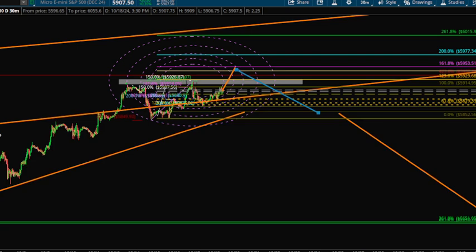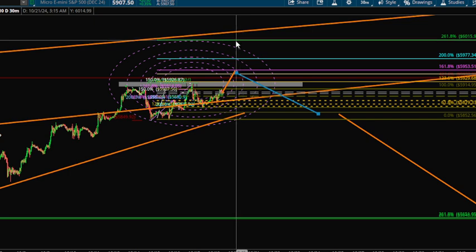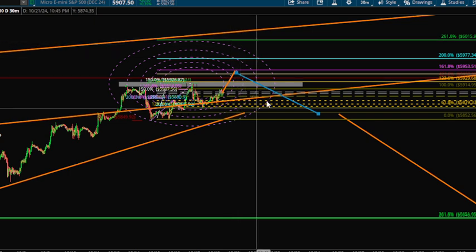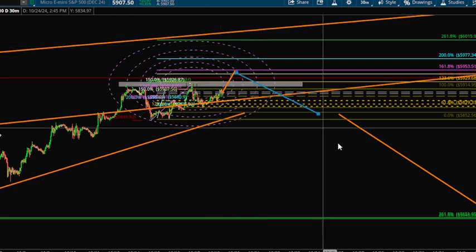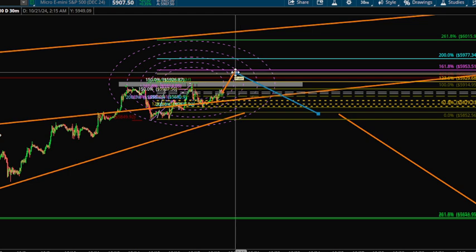It could really, honestly, go all the way up to the 6,015 area and still be within a pattern of what I need for it to continue down. But I think these are highly unlikely targets. I think the move is closer to below the 6,000 level.